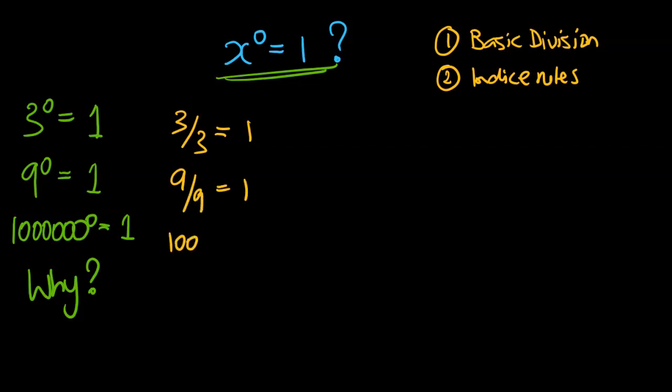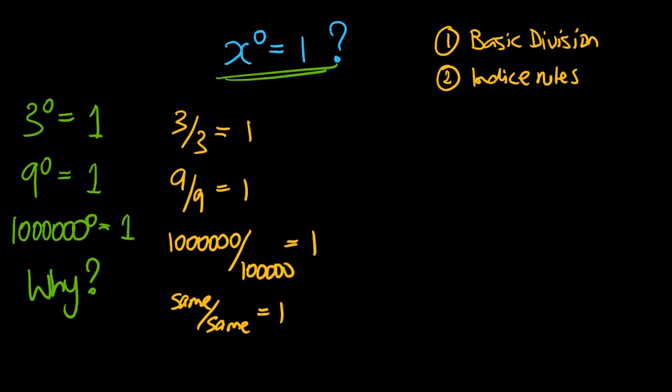And with our million, 1,000,000 divided by 1,000,000, you get the same answer: 1. I'm just going to emphasize it's the same thing: same over same will get you an answer of 1.